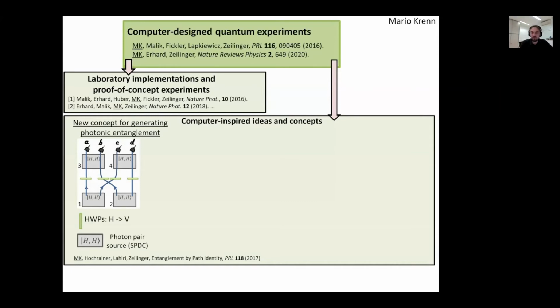I will not go into the details of how this works, but just explain a very basic idea behind it. The very basic idea is that the computer found a way to arrange photon pair sources in such a way that it can independently manipulate the individual terms of the quantum state.